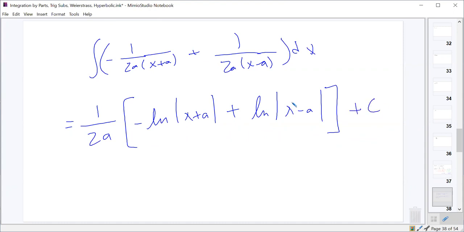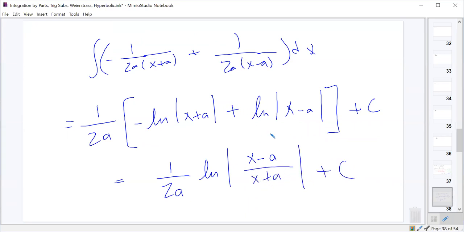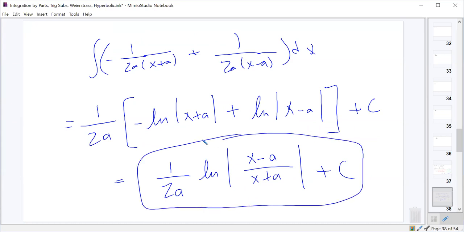And since I have two different natural logs in here, natural log absolute value x minus a minus natural log absolute value x plus a, I should be able to rewrite this as 1 over 2a times the natural log of the absolute value of x minus a, the one that's positive, over x plus a, all plus our constant. Good or no?